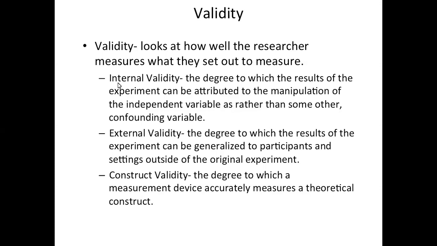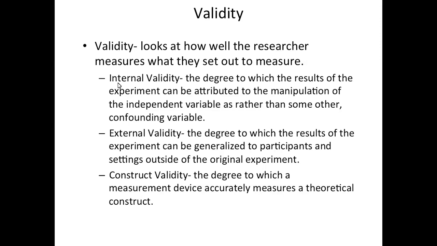So accuracy is about precision, or validity is about precision. Does this measure what it's supposed to be doing? Is it a true representation of what we're saying it is? And there are three types of validity. There's internal, external, and construct validity.